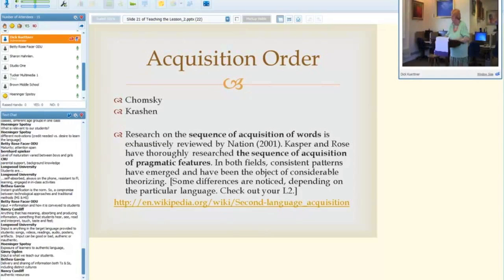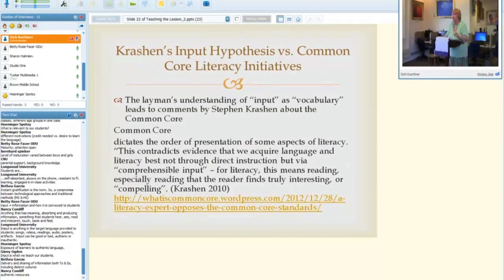Some of you may be interested in the fact that Krashen has been weighing in on the Common Core literacy initiatives that we're seeing around the country. And his criticism really falls into the area of the order of acquisition. He feels that the way vocabulary and literacy is being presented in the Common Core contradicts the evidence we have as to the stages of acquisition.